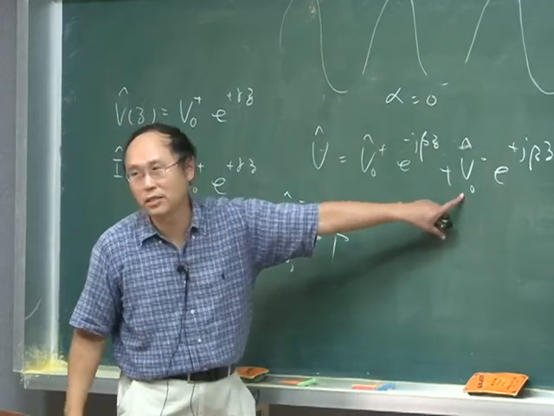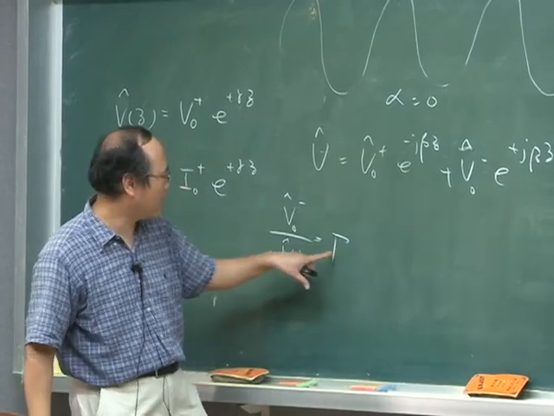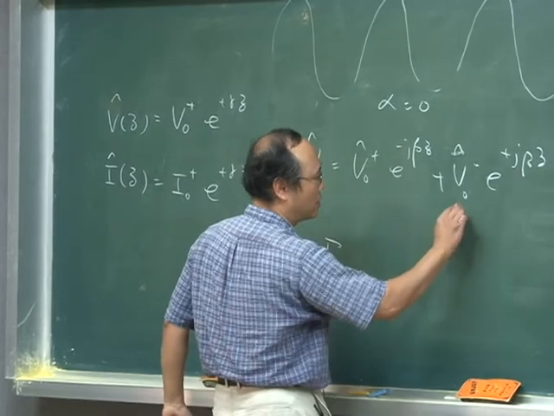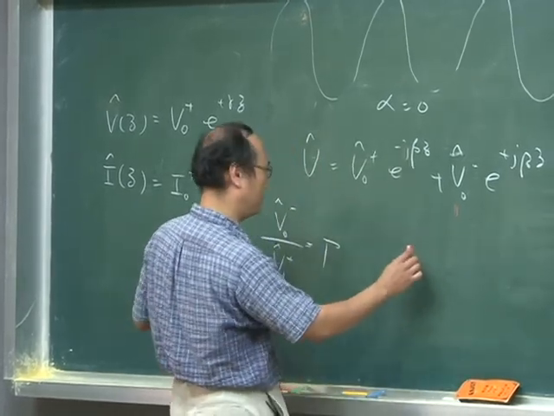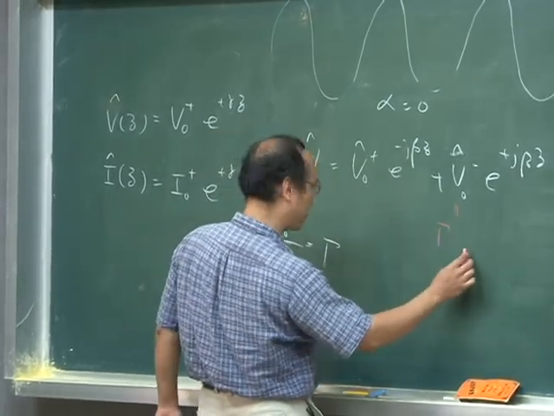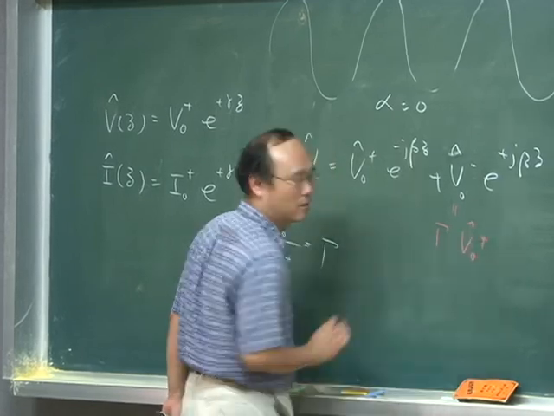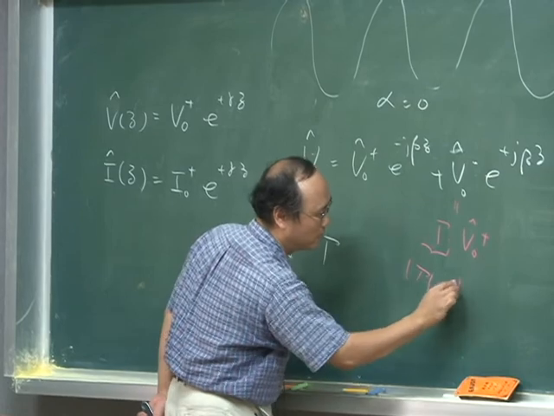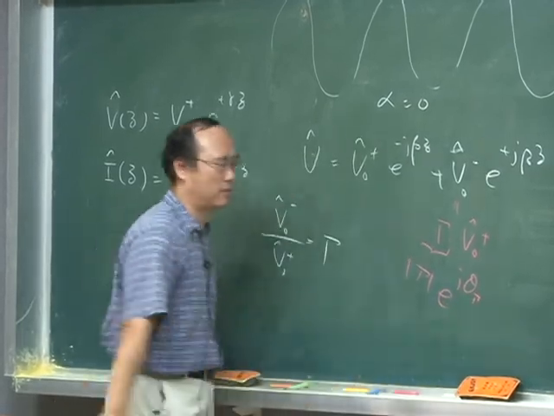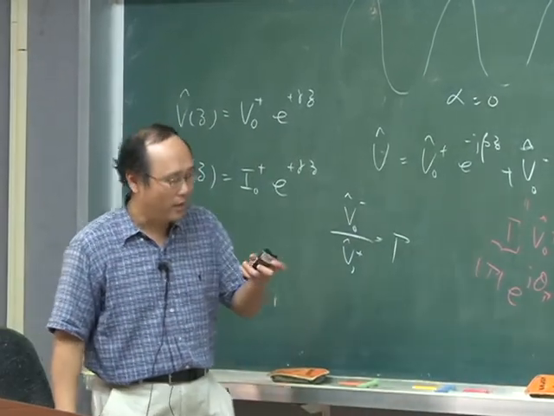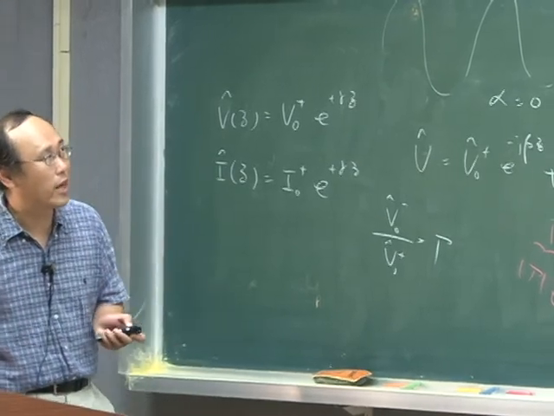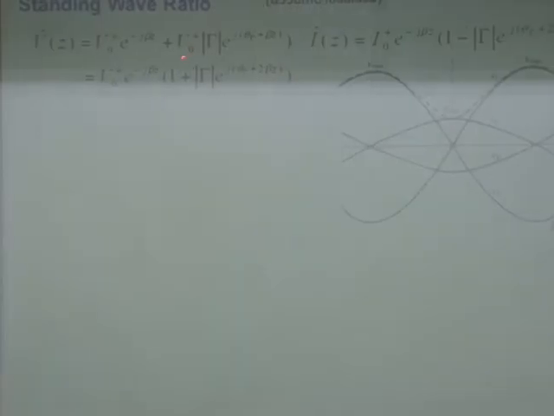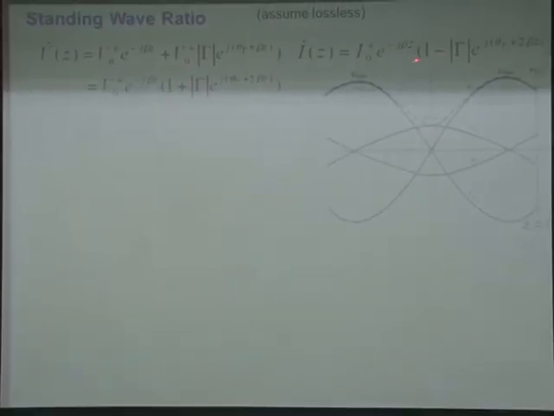So you can replace this variable with gamma and V naught plus. Okay, so just replace this, write it as gamma multiplied with V naught plus, and then write this into a polar form. Then immediately you end up having this expression, and then you can do the same thing for the current. You have this expression.